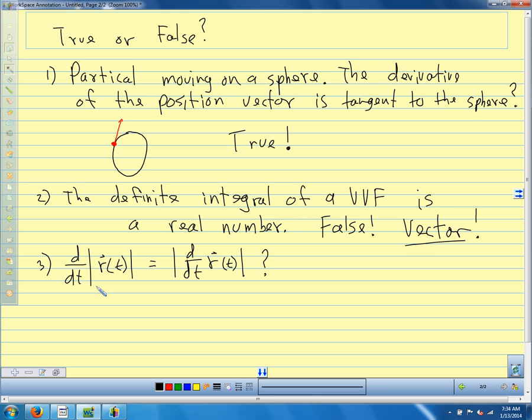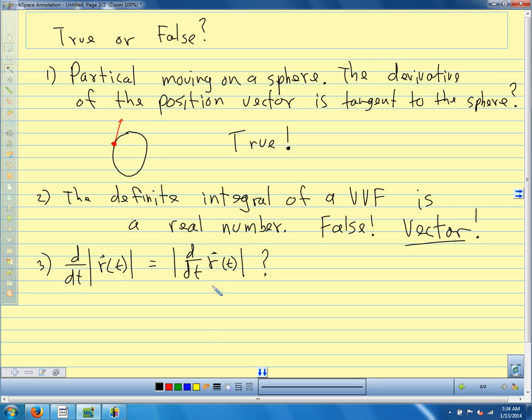The magnitude of the position vector is how far away we are from the origin. So this is the rate of change of the distance from the origin.